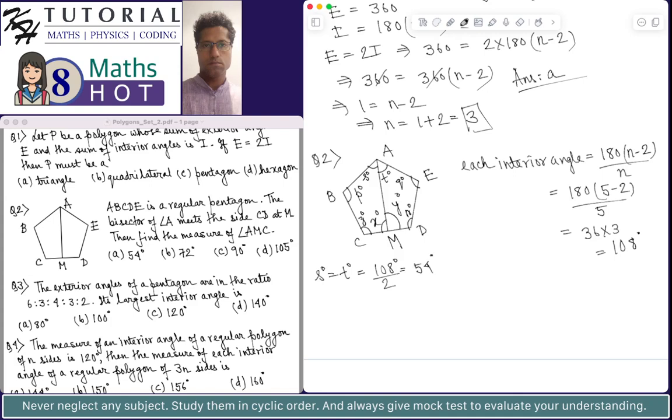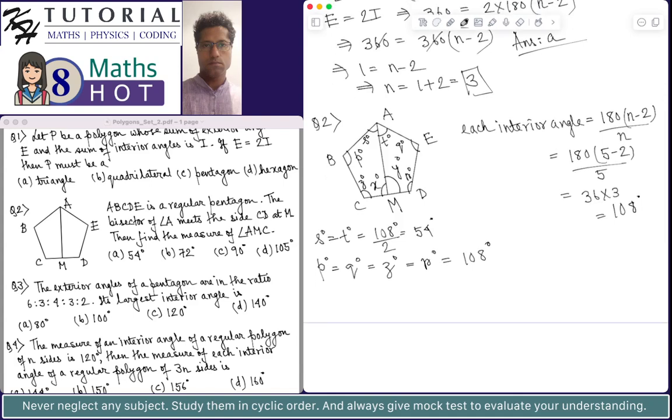Also, angle P will be equal to Q, equal to Z, equal to R. They are all internal angles of the regular pentagon, and hence each is equal to 108 degree.